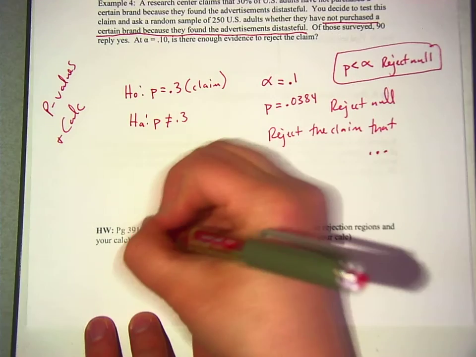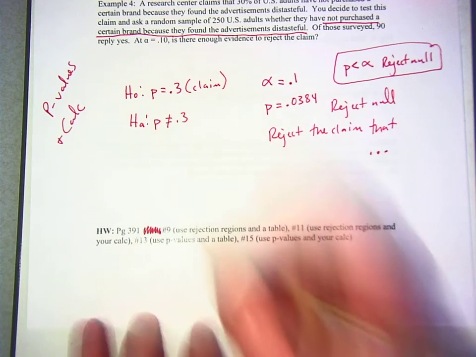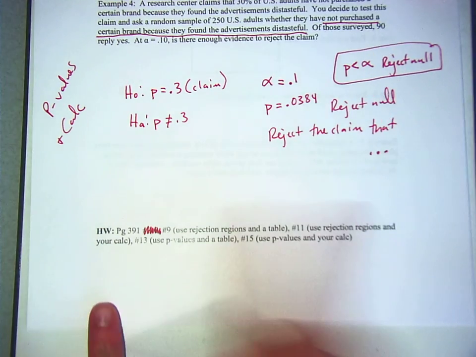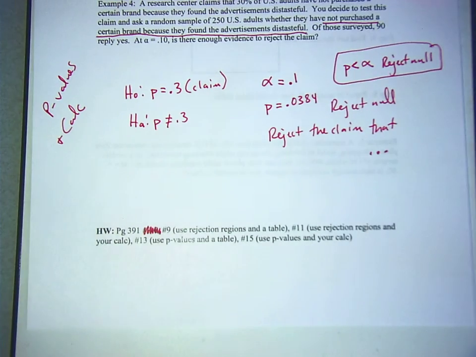You can take out 3 through 6. I want you to do number 9 using rejection regions in a table, 11 rejection regions in your calculator, 13 p-values in a table, and 15 p-values in your calculator. Which method do you have to do on your project? Any of them, as long as you show your work. And if you're using a calculator, then you need to say, I used my calculator, and this is what I typed in. Okay?